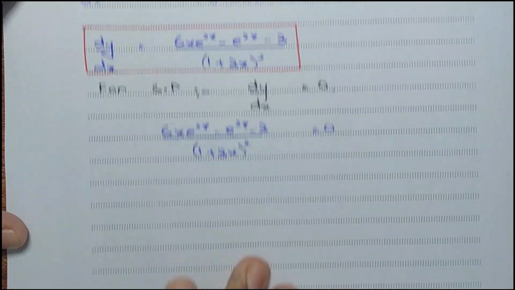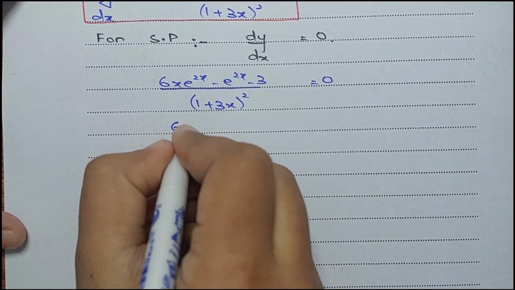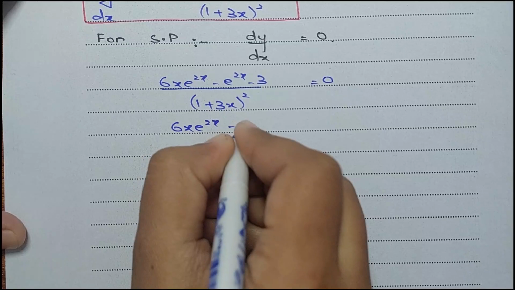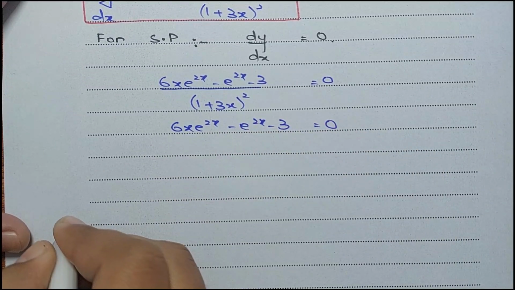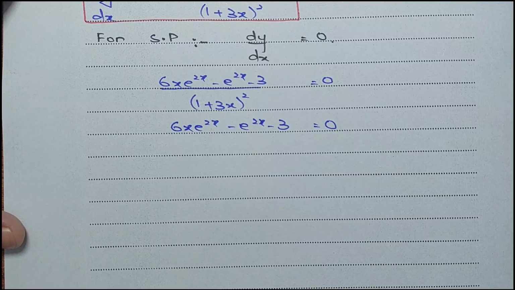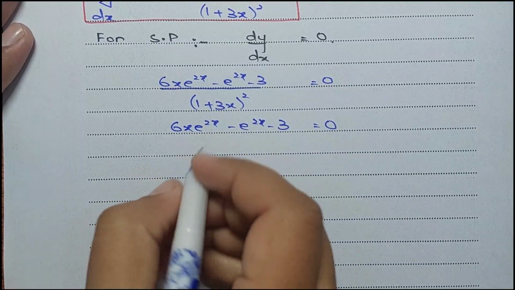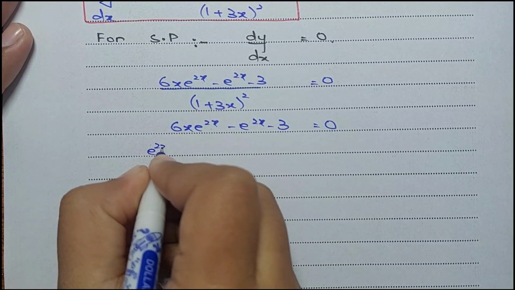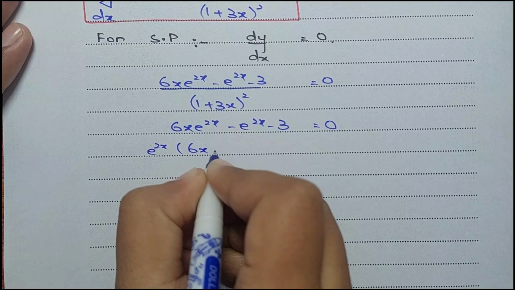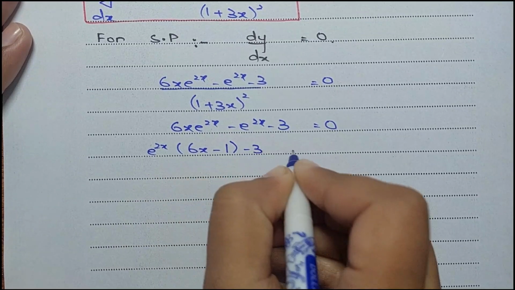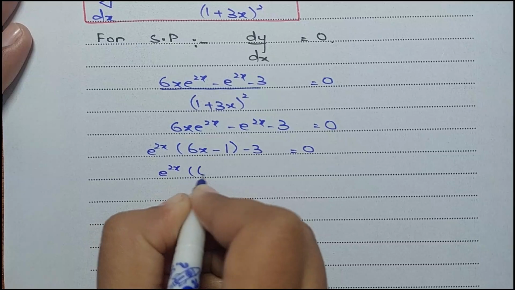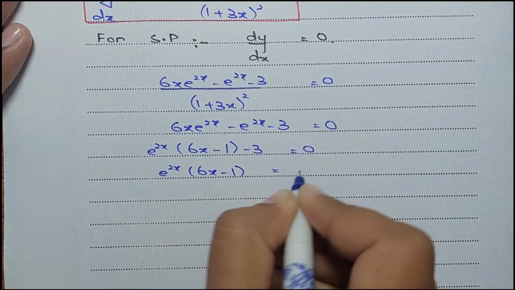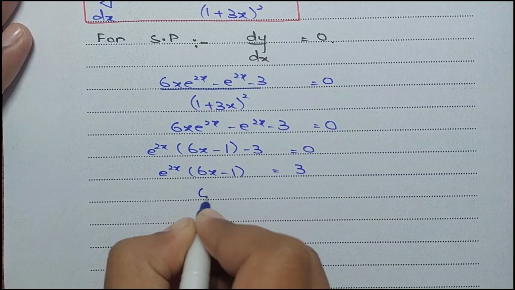The denominator multiplied by 0 is 0. 6x e to the power 2x minus e to the power 2x minus 3 should be equal to 0, right? Okay. Let me take e to the power 2x common, and here we have 6x minus 1, minus 3 equals 0. Now e to the power 2x into 6x minus 1, shift the 3 to the other side, positive 3.